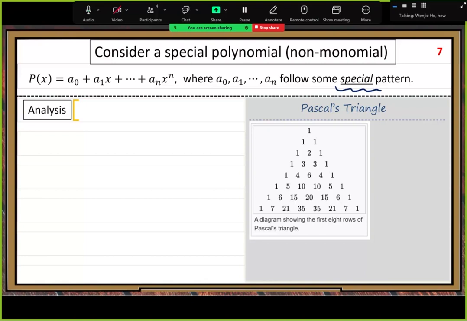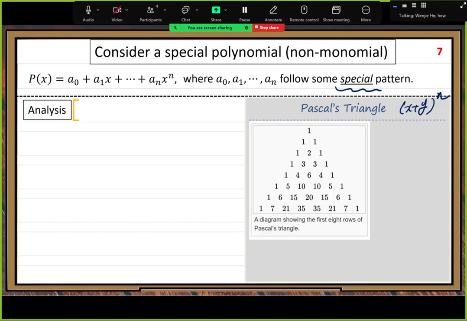We put all the coefficients for binomials. Here we consider a non-monomial, but a binomial: two terms, x plus y in parentheses, raised to the nth power. That's a binomial.